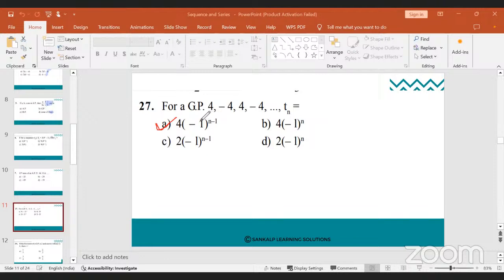It is nothing but 4 into minus 1 raised to n minus 1. It is a direct answer. Kadoli Mahesh has given the correct answer here. Next question.